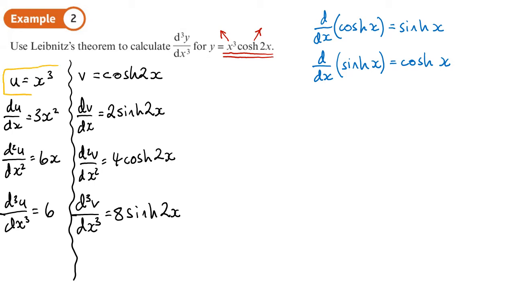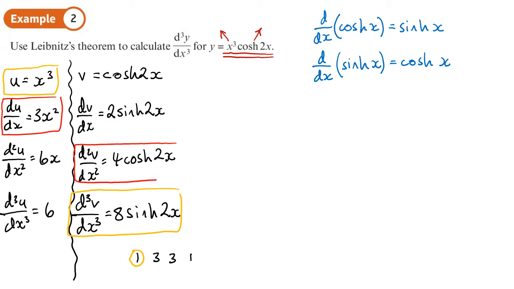Right, let's color code it like before. So these two will go together. Let's write down the coefficients as well. So it's going to be 1, 3, 3, 1. So those two are going to have a coefficient of 1. This second one here and the second one from the bottom here, those go together with a coefficient of 3.